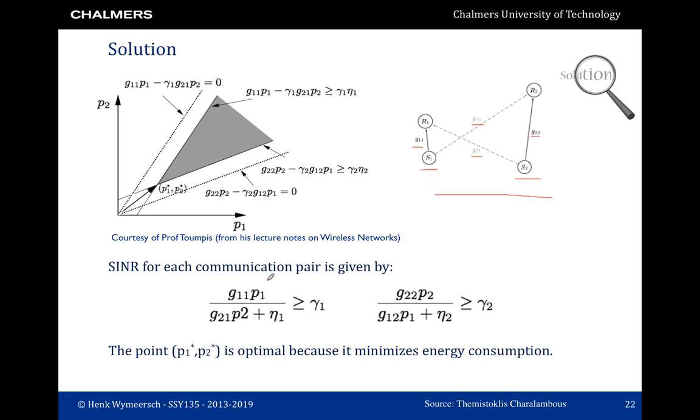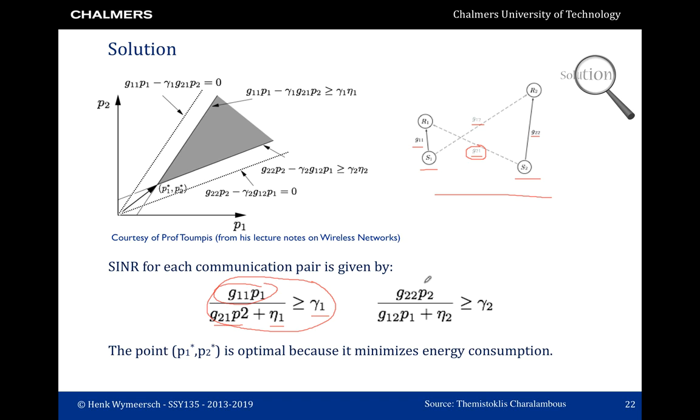The SINR constraints for each of the links are as follows. So the link from user 1 to receiver 1 is given by this requirement. This is the useful power, the interference, and the noise. On the right-hand side, we have the threshold for user 1. Note that the interference depends on the link from user 2 to receiver 1.